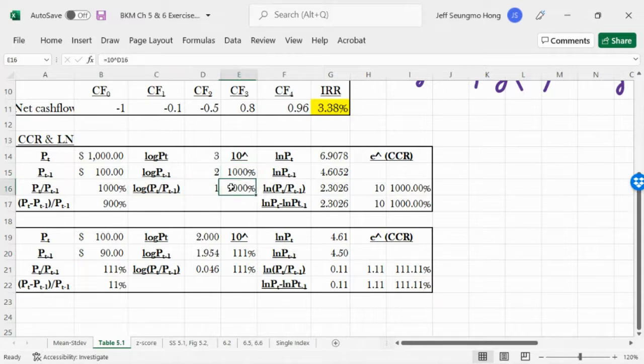In other words, if you do this, it should be 1,000% in percentage. But what did I do here? 10 raised to 3 minus 2. And what is that actually? That's basically doing this, right?